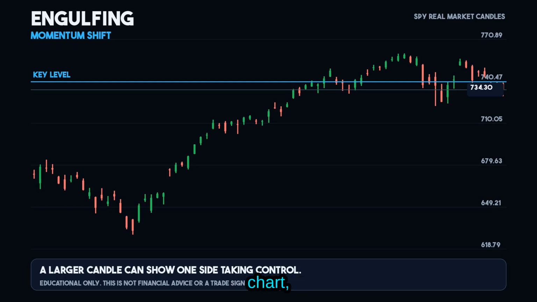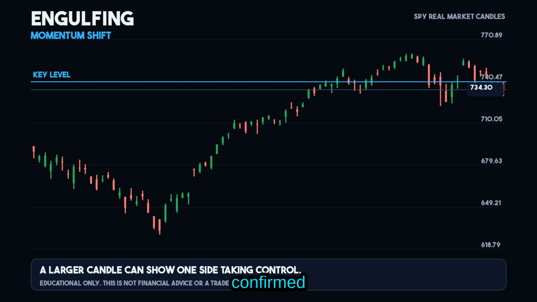Upon reviewing the chart, you observe that the RSI, Relative Strength Index, or Bollinger Bands, had reached overbought levels earlier in the week, indicating buying exhaustion. This is a clear signal that the previous bullish trend was losing steam, and the bearish engulfing candle simply confirmed this downward trend change.